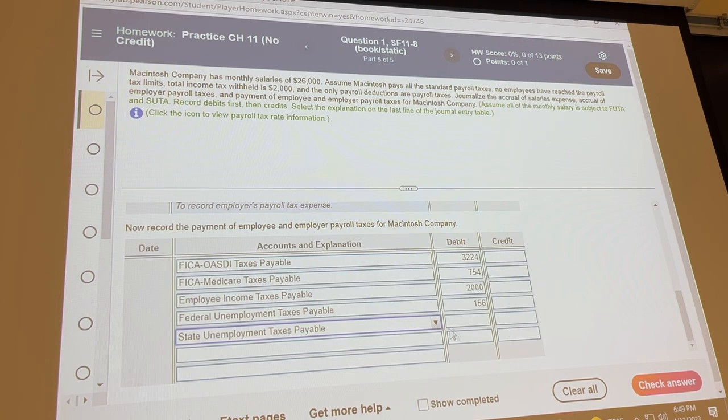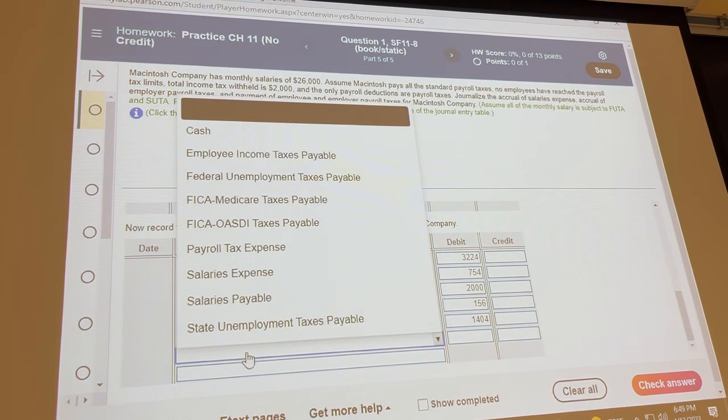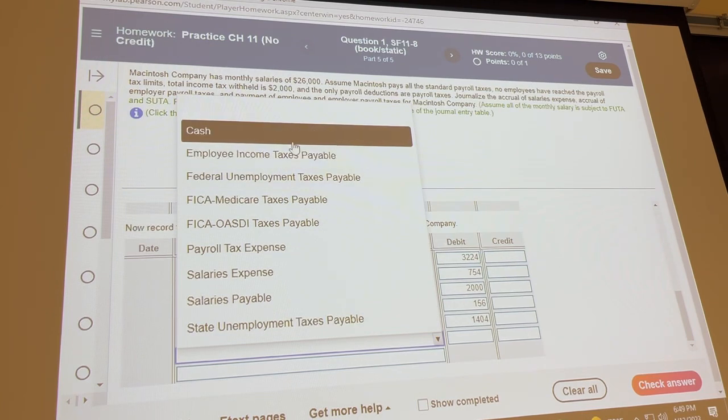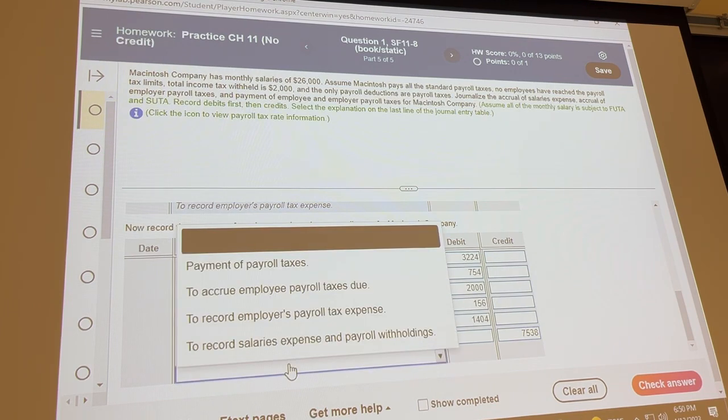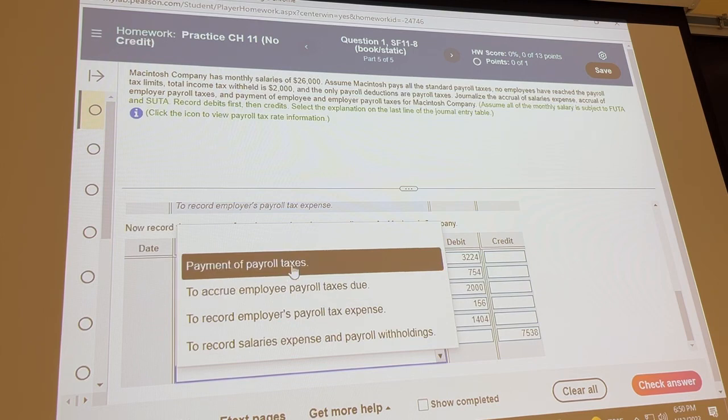So that was 1,404. And then the only account that we are going to credit is cash. And so adding up all of our debits, the combined total of that will credit cash would be $7,538. And then at the bottom we'll put payment of payroll taxes.